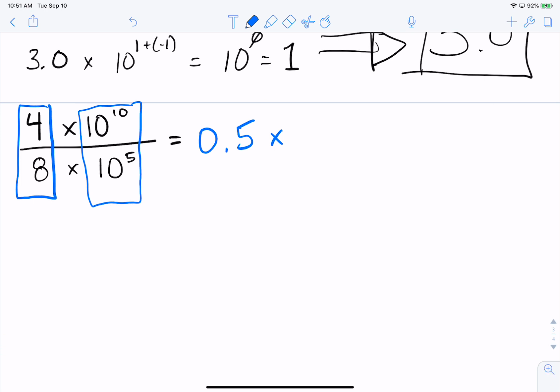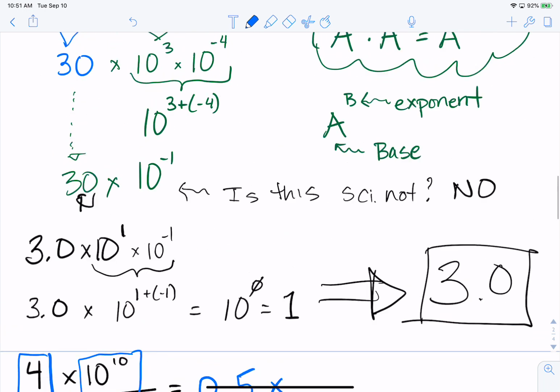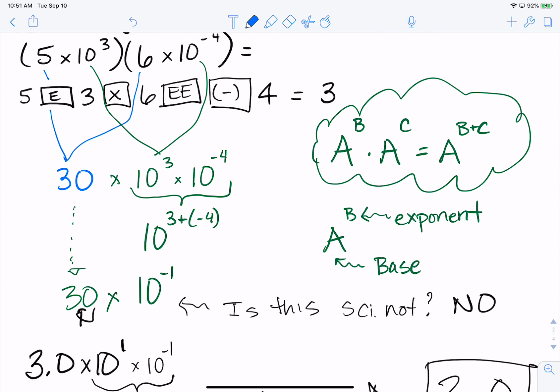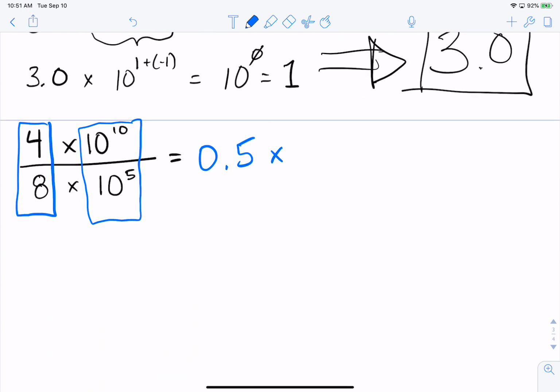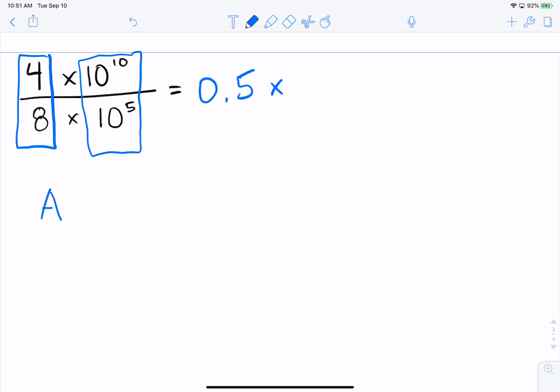these have like bases. Remember, the base is that big 10. And then you've got the exponents. What is the rule? Remember up here we have the rule for multiplying. What is the rule if we have a base to the b divided by the same base to the c? You subtract the exponent.